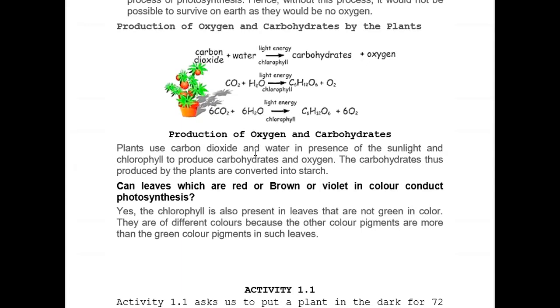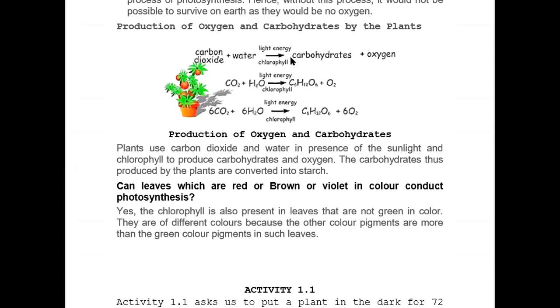The carbohydrate thus produced by the plant is converted into starch. So kids, a very important thing over here. This carbohydrate or glucose which is produced by the process of photosynthesis will be utilized by each and every part of the plant.